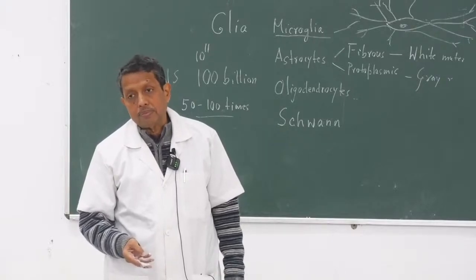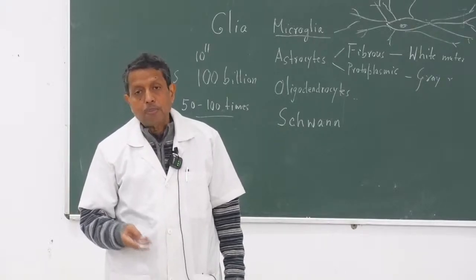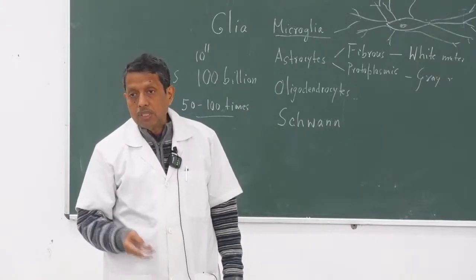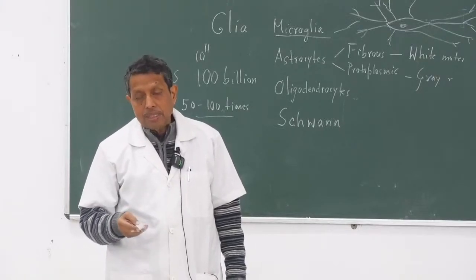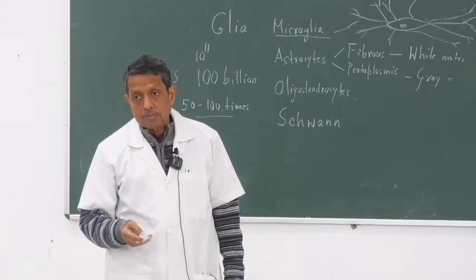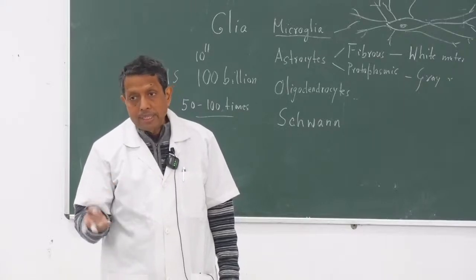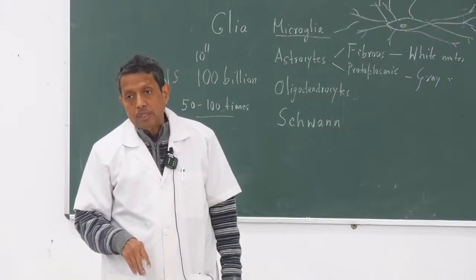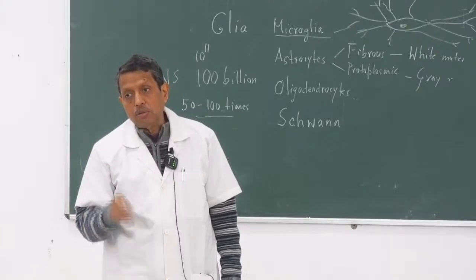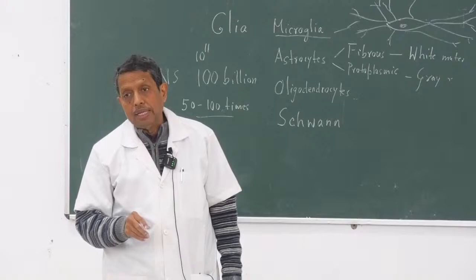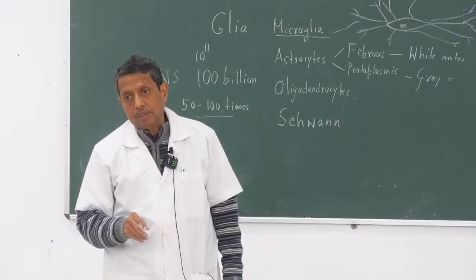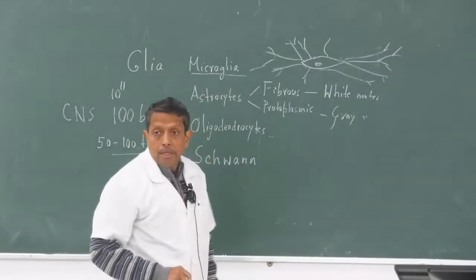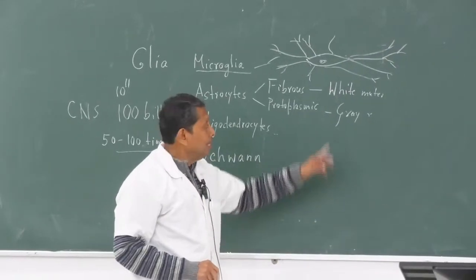Examples of intermediate filaments are keratin, vimentin, and desmin. Within the neurons, the neurofilaments are intermediate filaments. In the protoplasmic astrocytes, there are granules, and they are present in the gray matter.